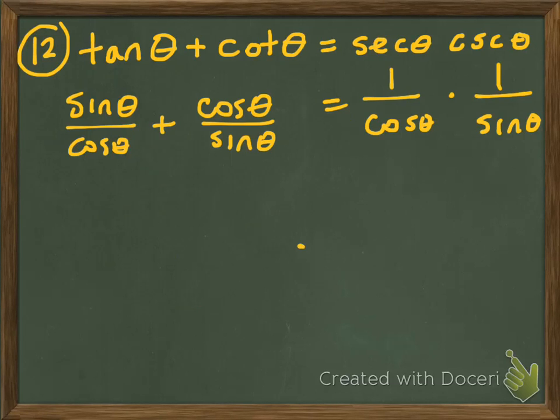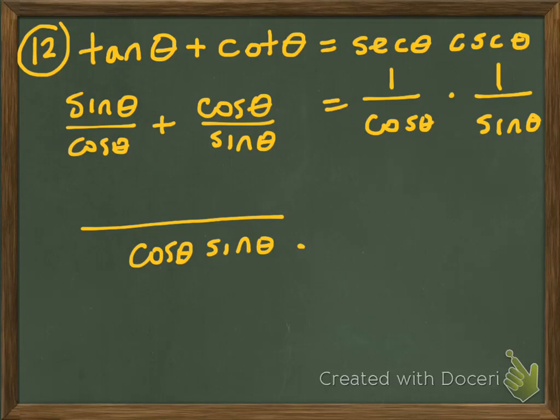Well, how do you add fractions? Common denominator. So what would the common denominator here be? Cosine sine. All right, so I'm going to put a big long bar and put cosine sine as my denominator.